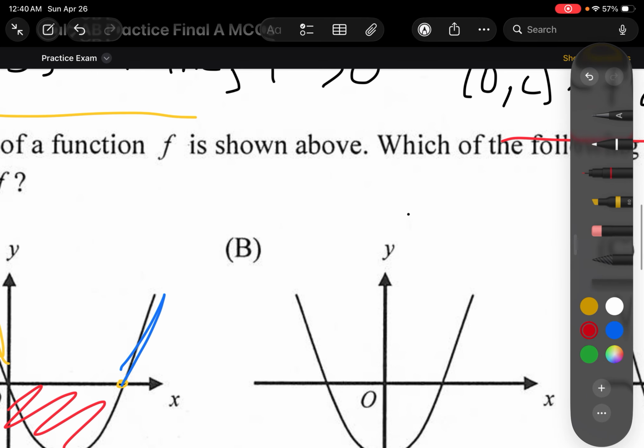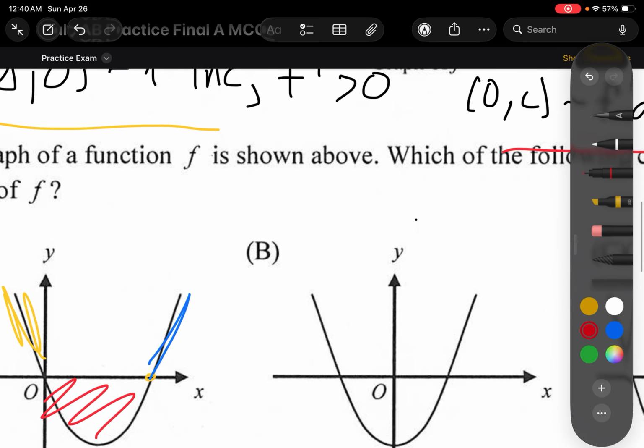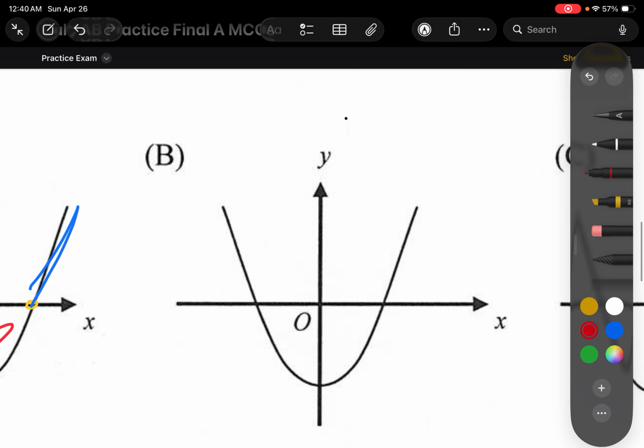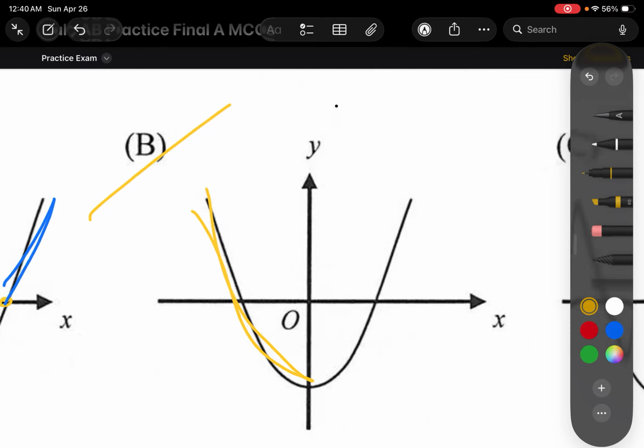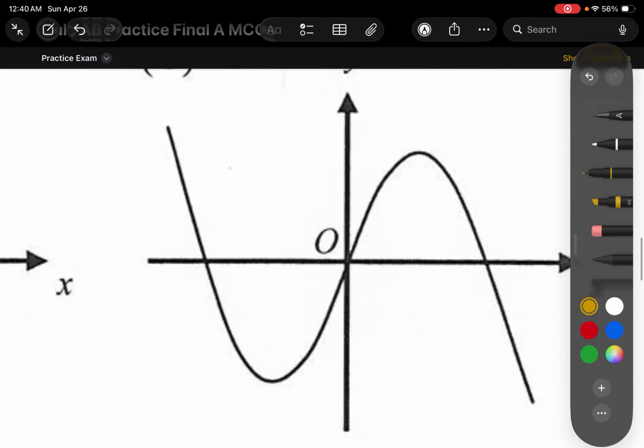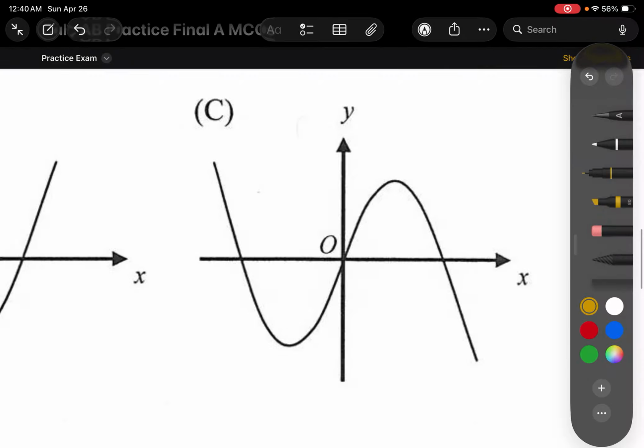So let's check B. From negative infinity to 0, f prime should be above the x-axis. So from here to here, wrong color. From here to here, this is not the case because f prime goes from above to below the x-axis before it reaches 0. So B is not our answer. For C, same thing. From negative infinity to 0, it touches both intervals.